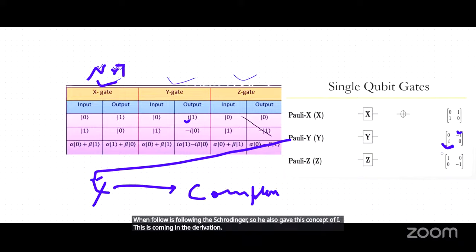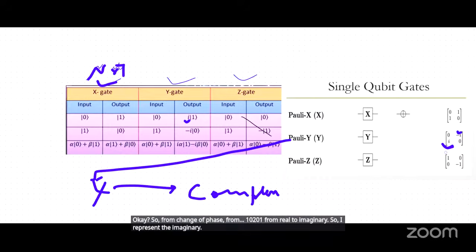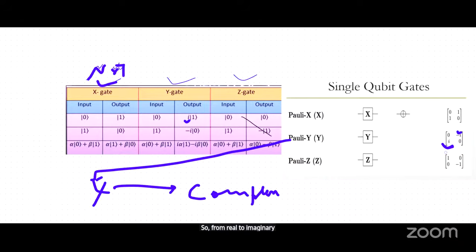So what does it mean? I means change of phase, from real to imaginary, or from imaginary to real.